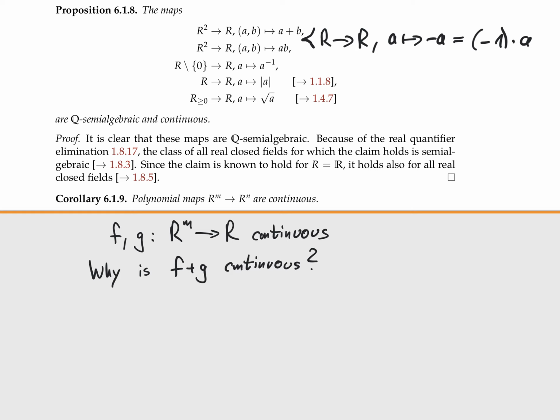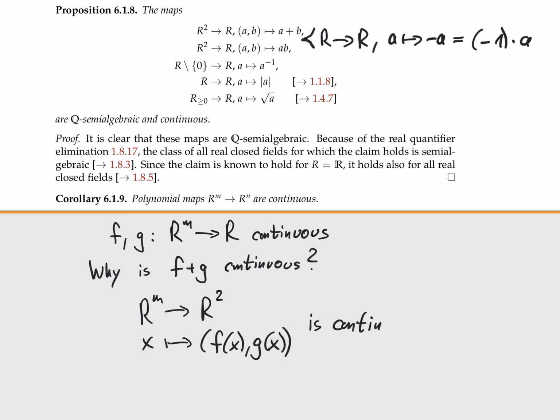Well, that's because the map from R^m to R^2, that's the trick, x maps to (f(x), g(x)) is continuous.